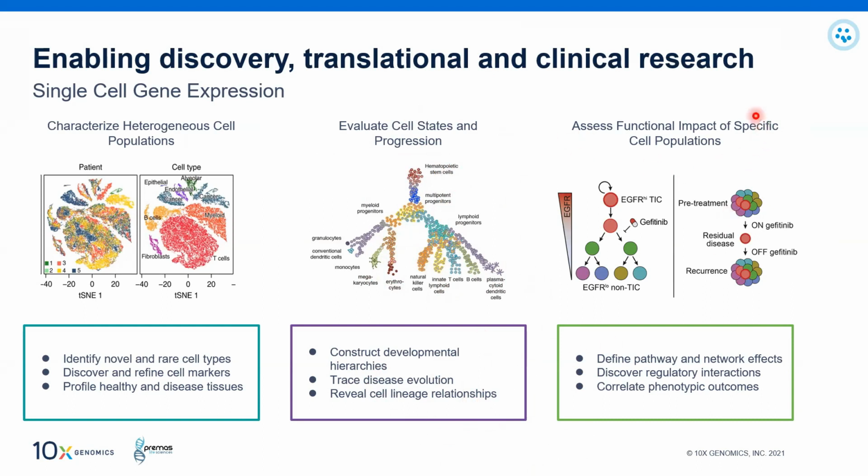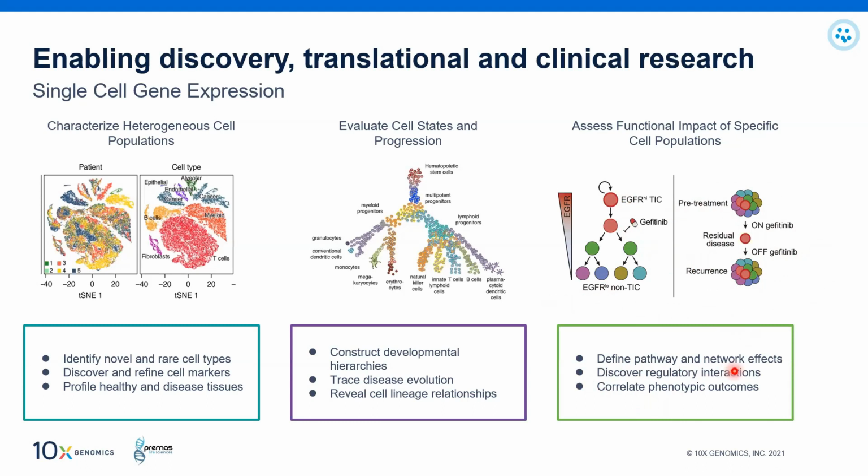And at the same time, functional aspects are there, where in a particular specific cell population you can see, if you turn on and off a particular gene and do the treatment, pre-treatment, and then recurrence is there, then exactly why it is happening. So all those stories you can understand using single cell technology.